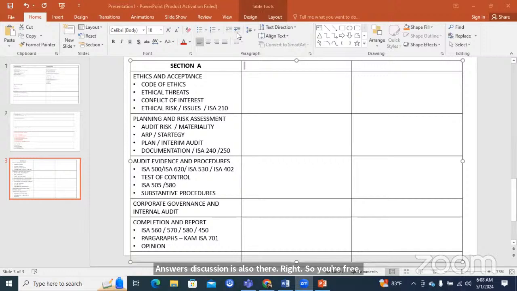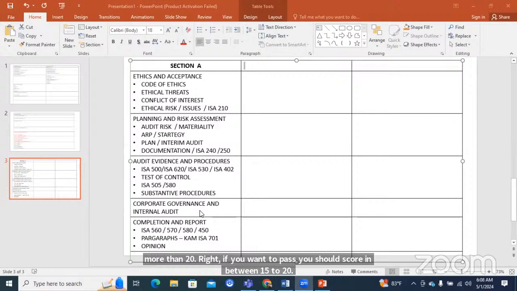So if we get 3 out of 5 on average in a Kaplan section A question? No, it's like this. Section A total marks is 30 marks. If you really focus on a price or rank, you need to score more than 20. If you want to pass, you should score between 15 to 20. That is enough. That is a guideline.